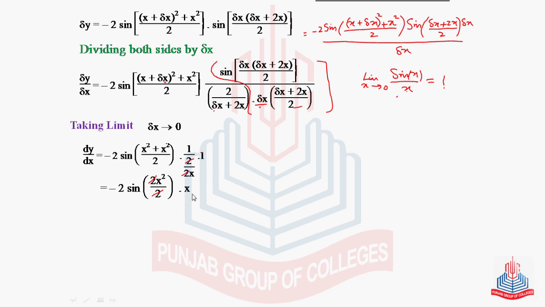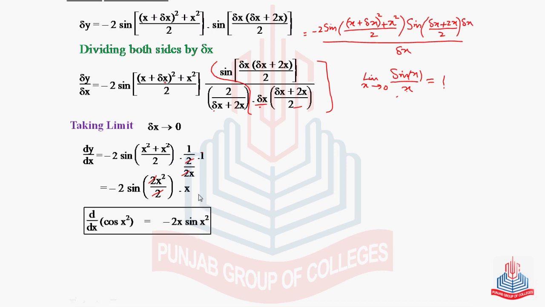So the derivative of cos x square will be minus 2x sine x square. This is here sine x square, and this 2 and x will be multiplying on this one. So the final result of derivative of cos x square is minus 2x sine x square, which we can verify here by using our general result for the derivative of cos x square. Again, using the same logic, derivative will apply on the first trigonometric function. So derivative of cos will be minus sine.